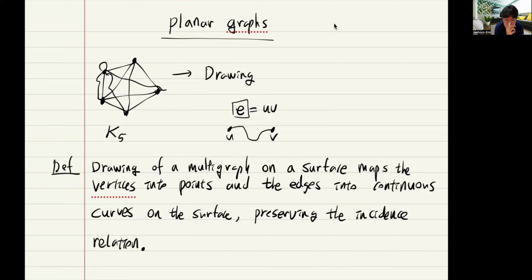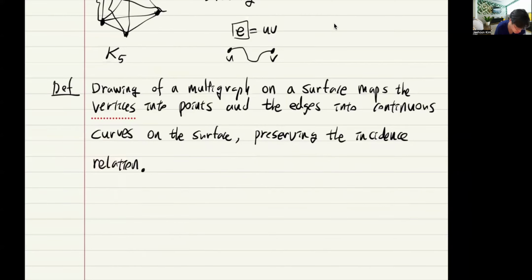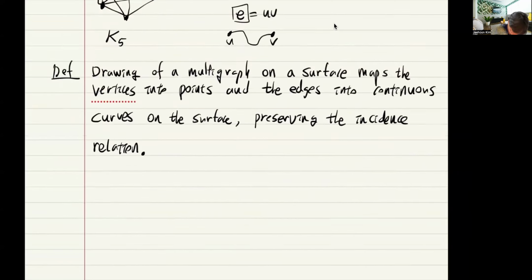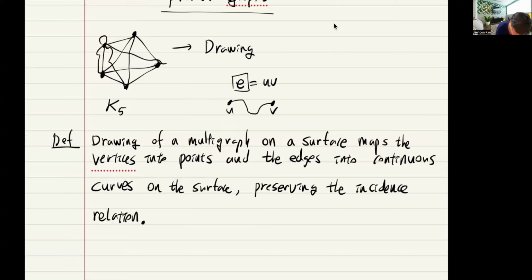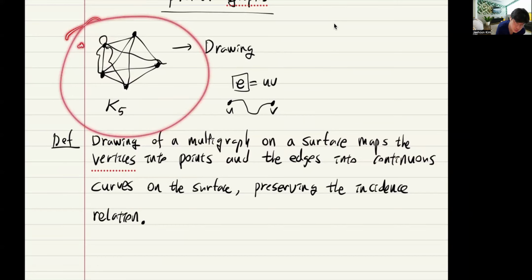And when we deal with this kind of drawing, if there is some good property that we can assume, we want to assume it at first. One of them is that we are interested in the combinatorial property of this graph and of this drawing.